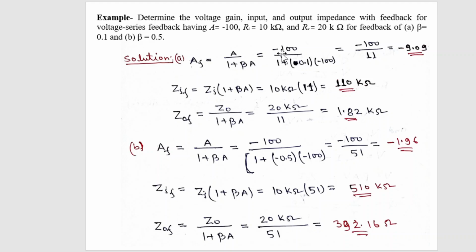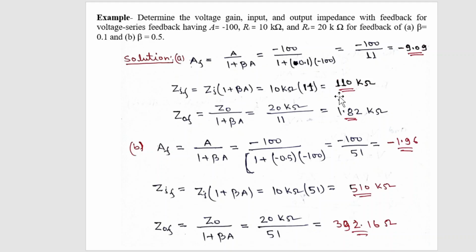Here ZI is the input impedance without feedback, that is 10 kilo ohm, beta is 0.1 and A is 100. Beta A is 0.1 multiplied by 100, that is 10, and 10 plus 1 is 11.